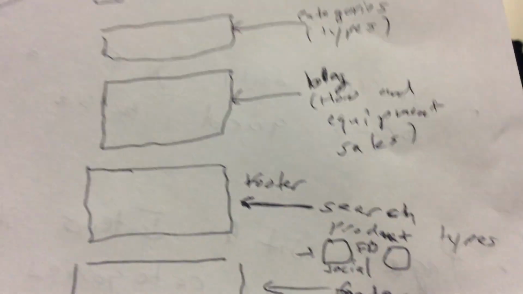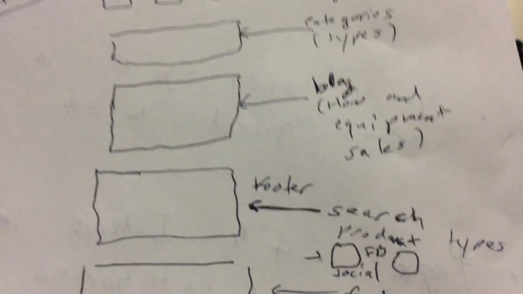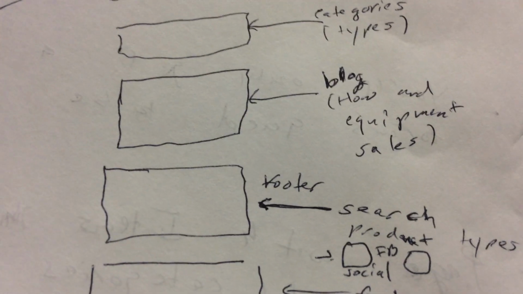Then a blog showing people how they can make their own things, and the equipment she can use. This is going to be an opportunity where she can take advantage of affiliate marketing sales.